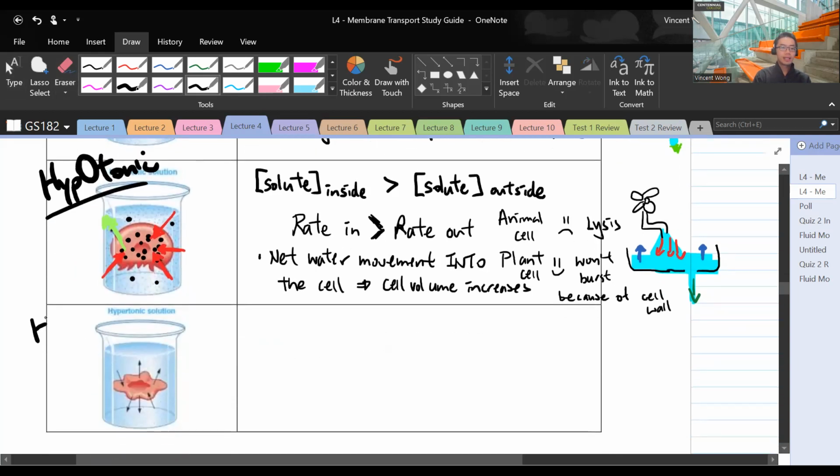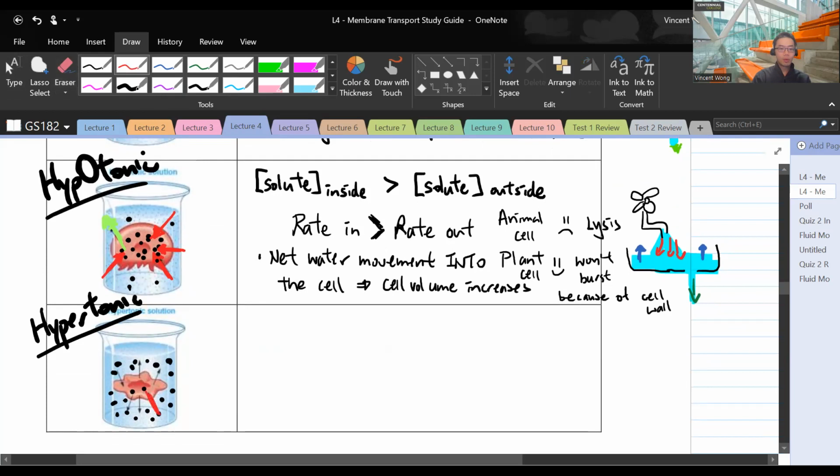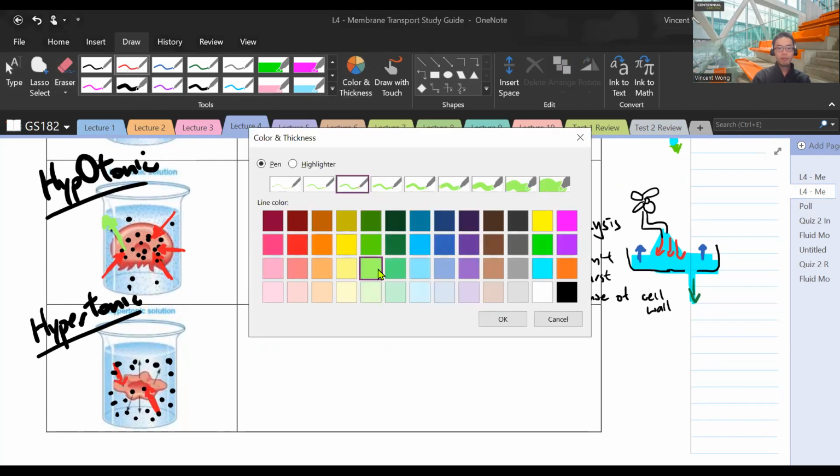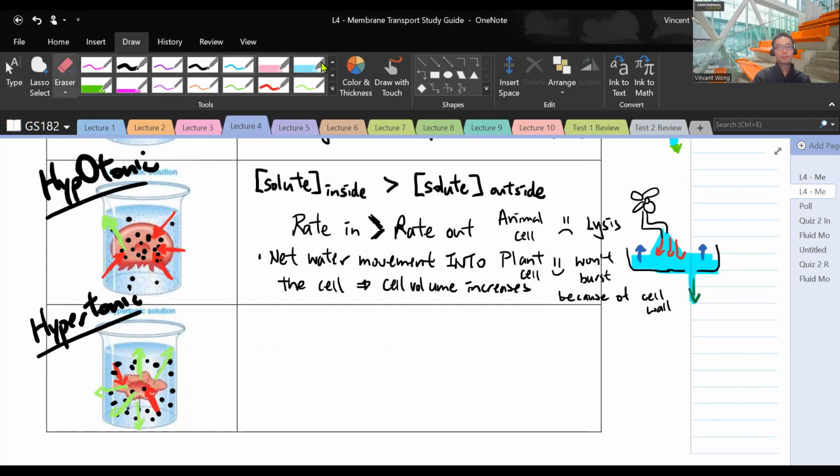Okay, the last case is hypertonic. In this case, you have more solute on the outside than the inside. And so you have water coming in, but you have more leaving.